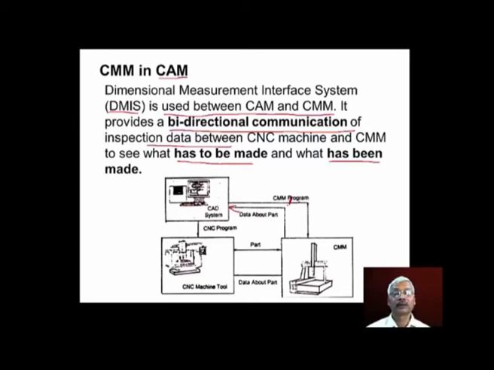for making necessary correction. If there is any deviation in the workpiece from the desired size, that data is utilized to alter the CNC program so that the error is minimized or nullified.